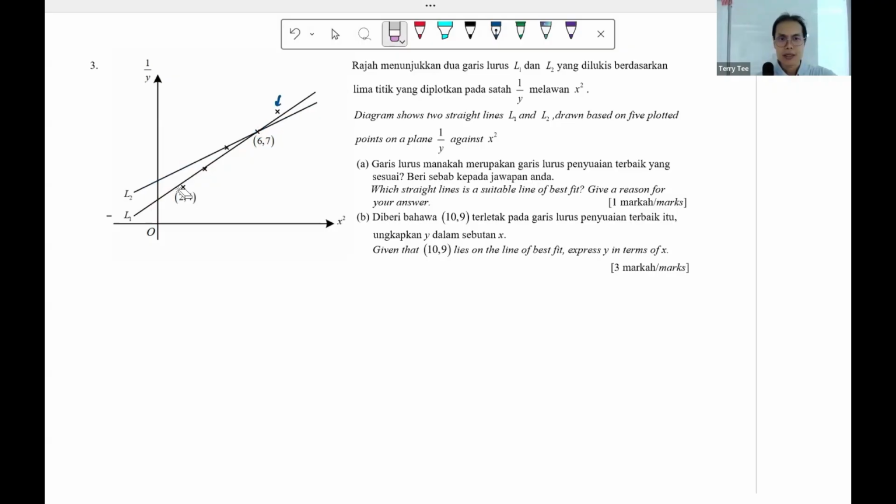So how do you explain your answer? Right, so we can say L1 is more suitable. Why is it more suitable?